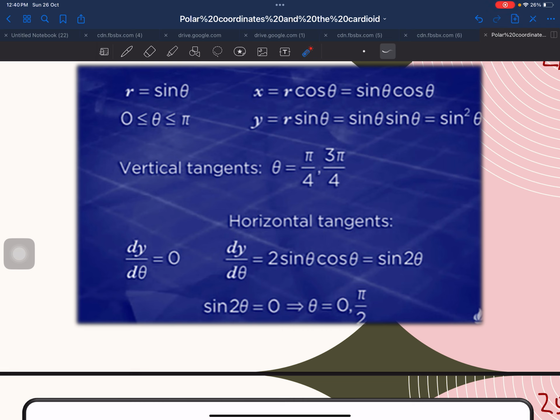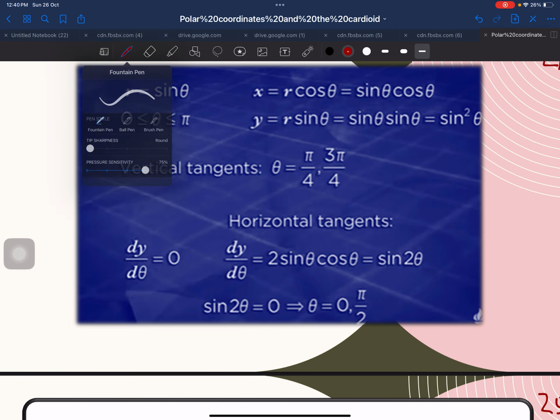And you know very well that there is a trigonometric identity to that, which gives cosine 2 theta.